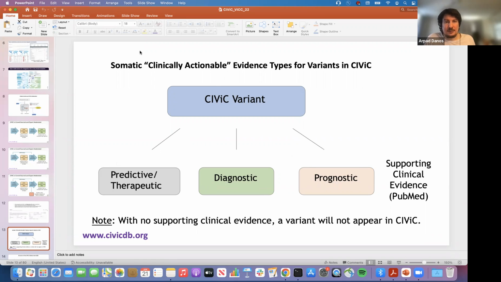And these together, I'm starting to call the somatic clinically actionable evidence types. You'll notice that those also overlap well with the AMP type of evidence in the AMP guidelines. We'll look at that in a little bit.